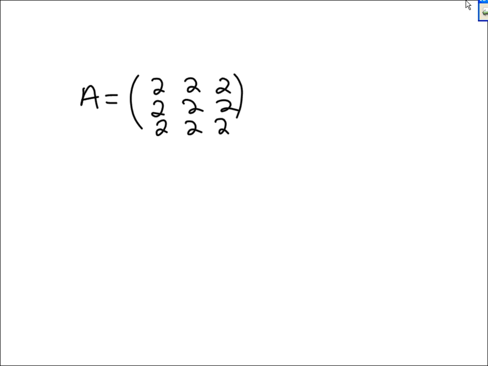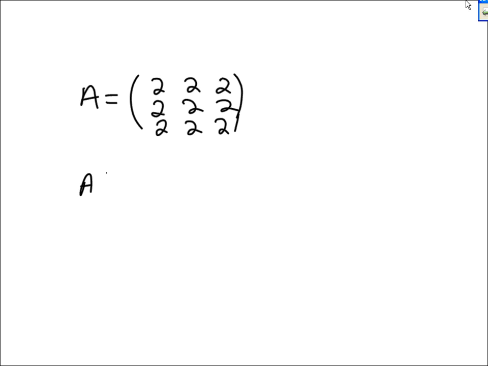Okay, so that generates an interesting question. Is there a matrix whose transpose equals that original matrix? Well, I hope you can see one really easily. How about the matrix, oops, let me make it a square matrix, with all the same entries.